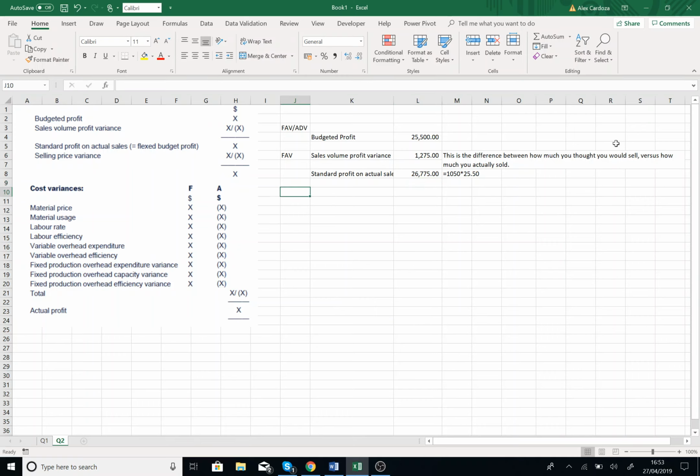Okay, now we want our selling price variance. Now this is quite easy, this one. Your selling price variance is just literally comparing what your selling prices were. So this is simply comparing your budgeted selling price and your actual selling price.